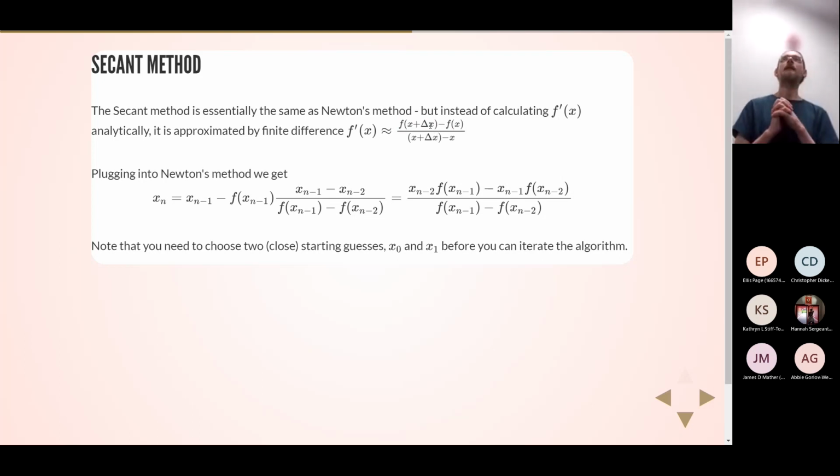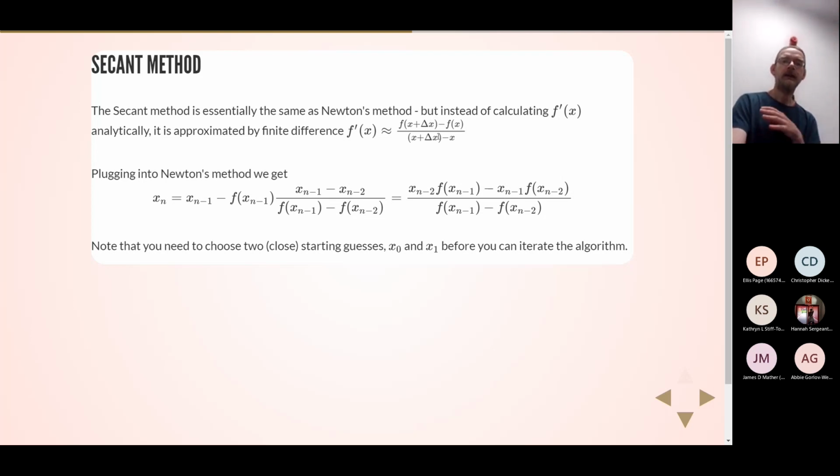So if we've written our bit of code that calculates the function we want at a given point, we can make two calls to that function. We can calculate f at the point we want plus delta x, where delta x is small.